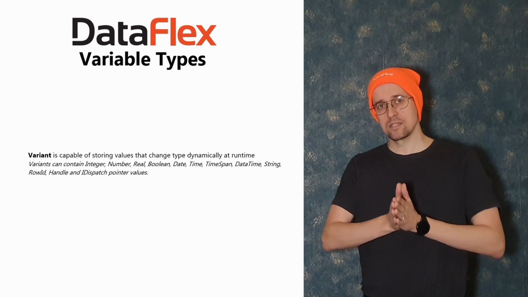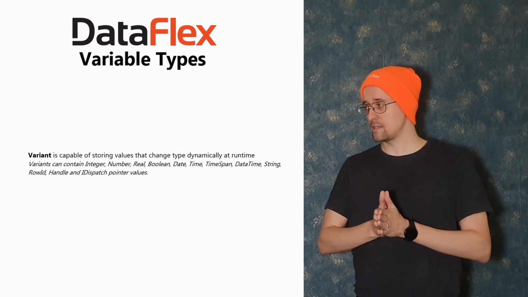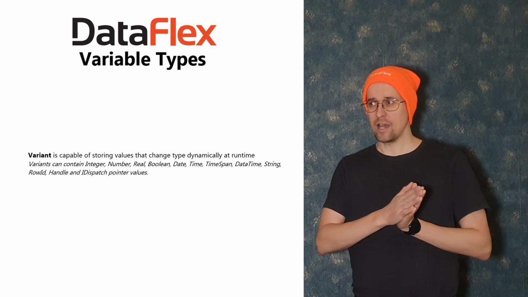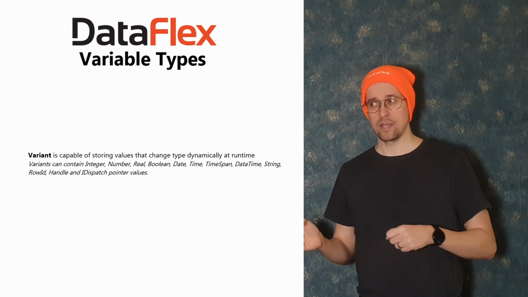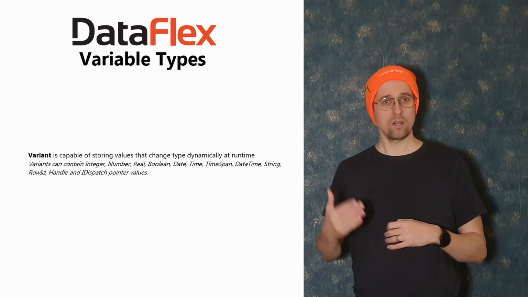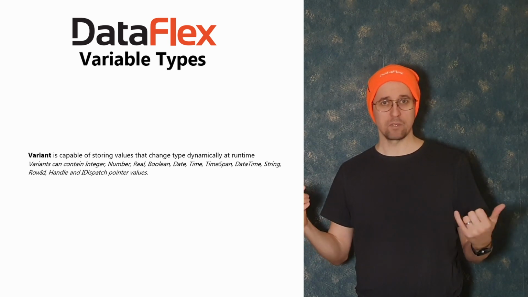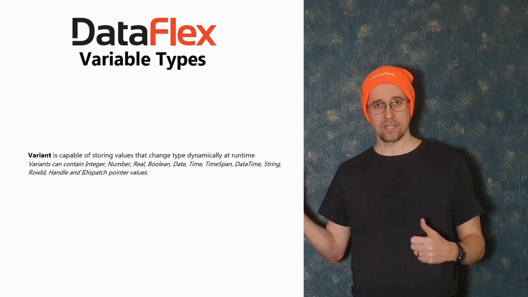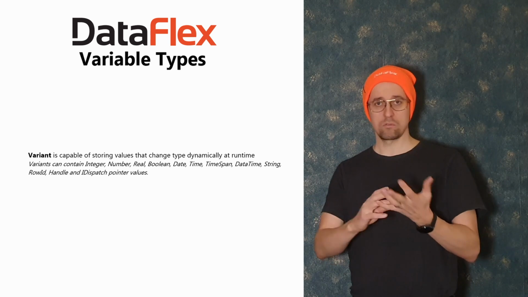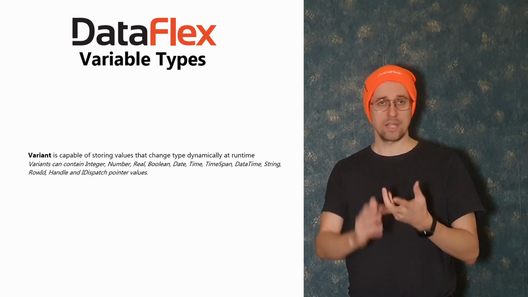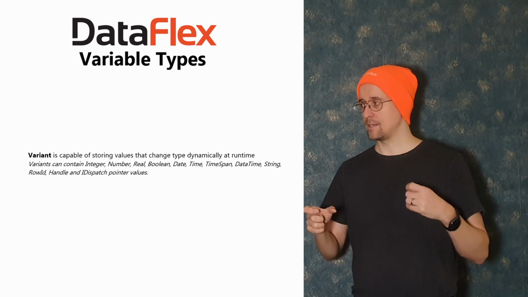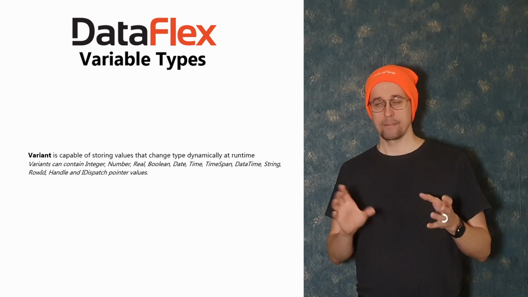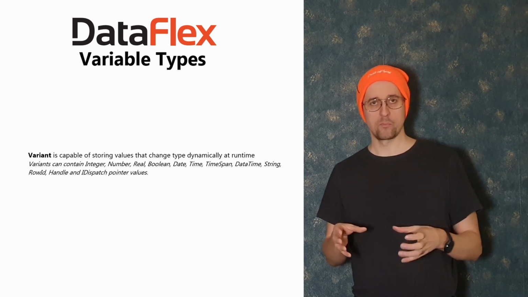And the last type that we have in DataFlex is variant. I write a lot of PHP code, and in PHP you can just create a variable and store anything you like in it because PHP will figure it out. Variant is a little bit like that: you can store an integer or a string or a date or what have you, and it will try to do its best to figure out what type it is and manage it appropriately.